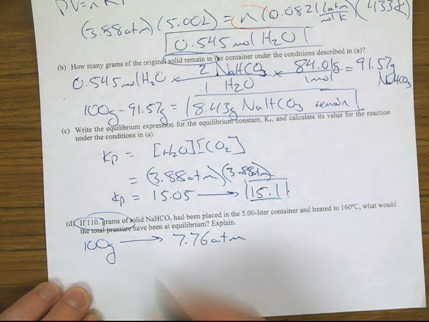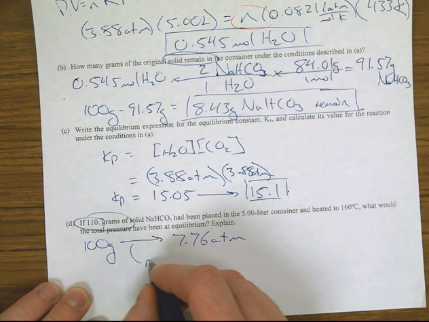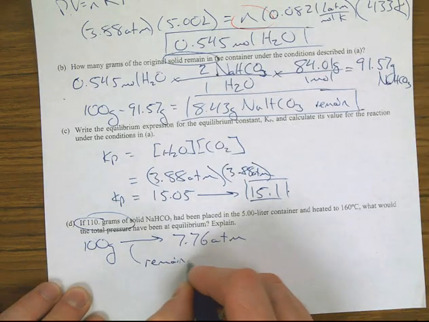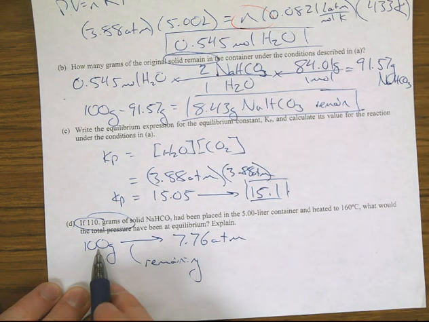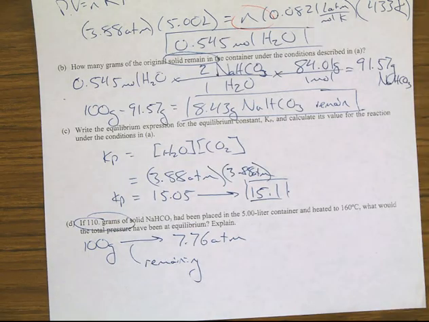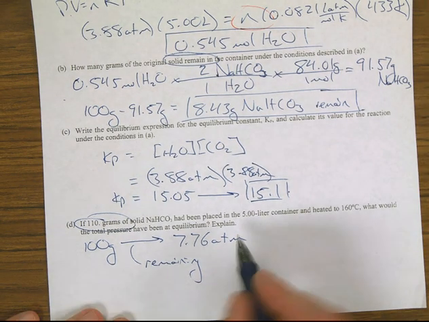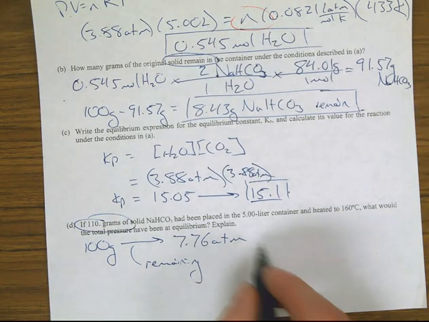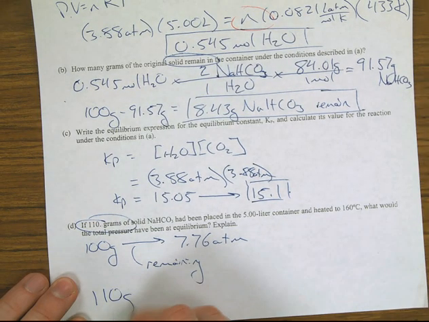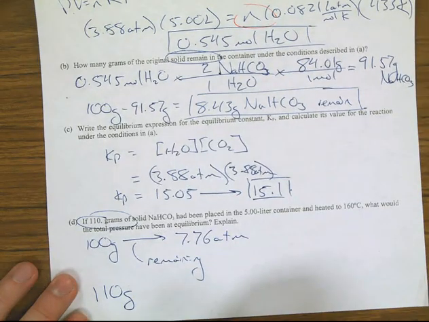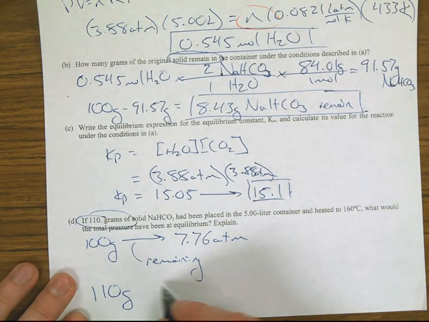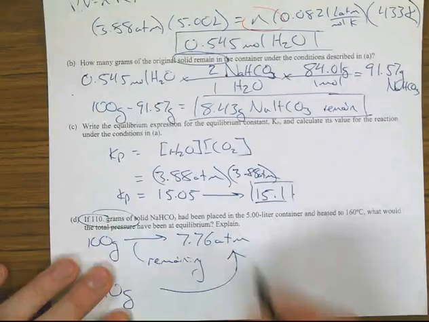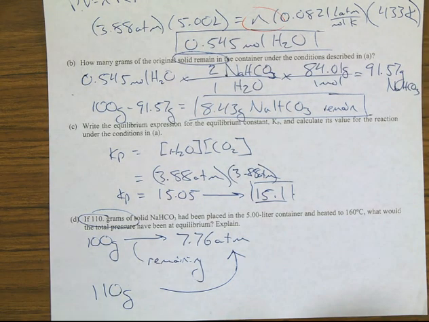But remember, the key information is that there was still remaining solid, meaning not all of that 100 grams got converted into that pressure. That means at equilibrium, the maximum pressure that you're going to reach is 7.76 atmospheres. So even if you have 110 grams to begin with, it doesn't make a difference. You're still going to get 7.76 atmospheres as your total pressure.